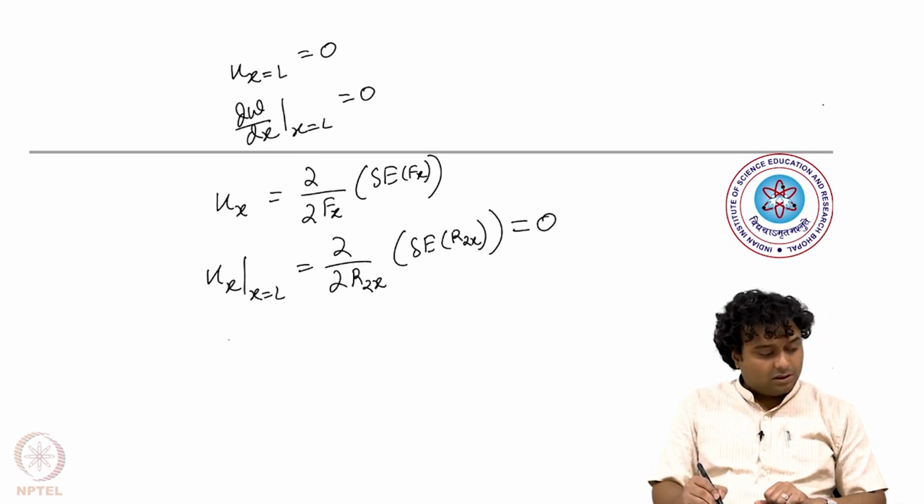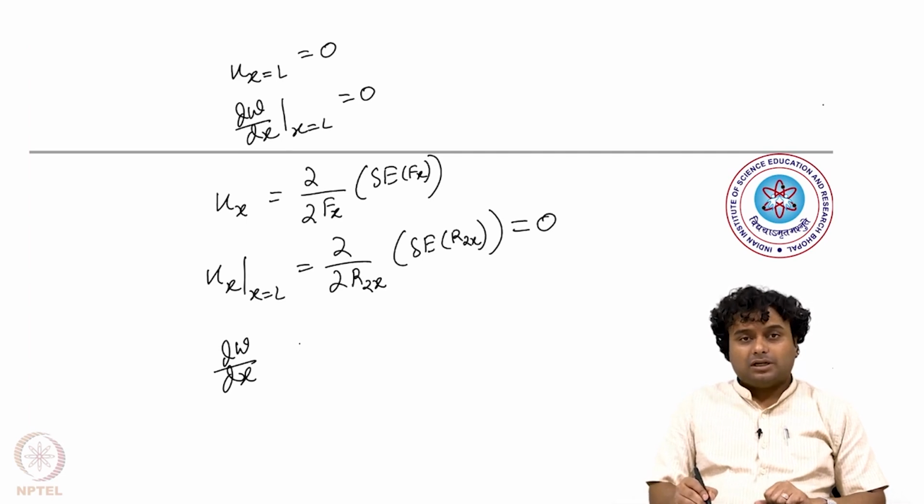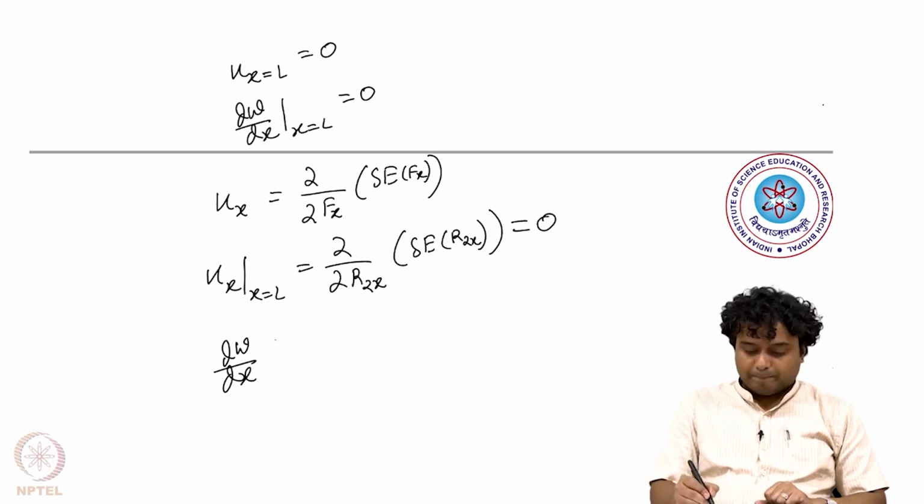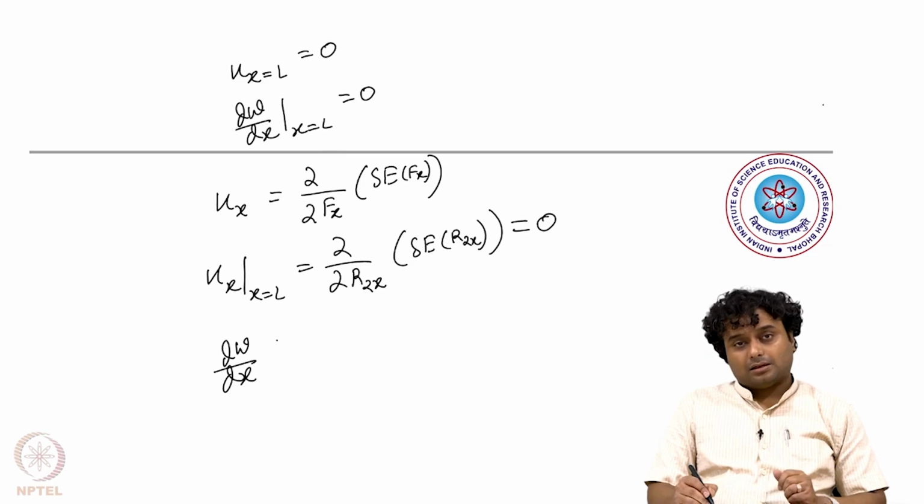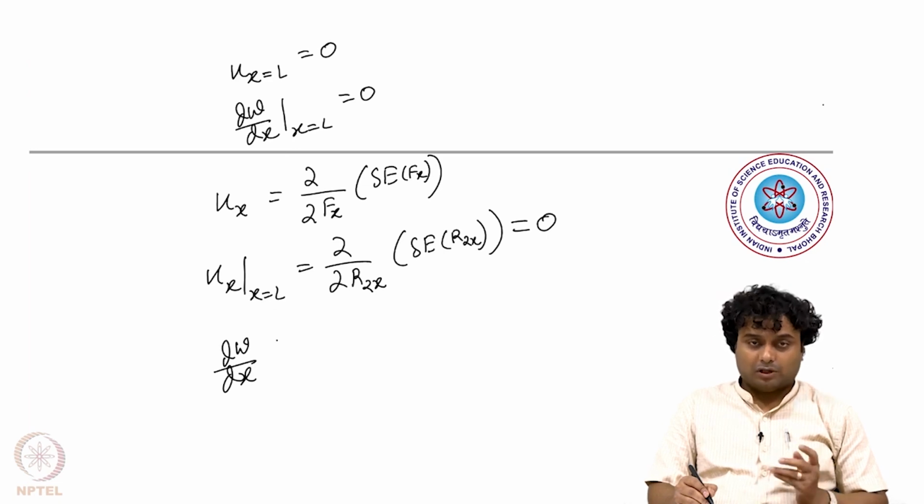Then what is the other condition? The other condition is dw/dx. dw/dx is the slope, and this slope means the angle theta. What makes the angle theta? The moment. The force makes deflection and moments make the body rotate.